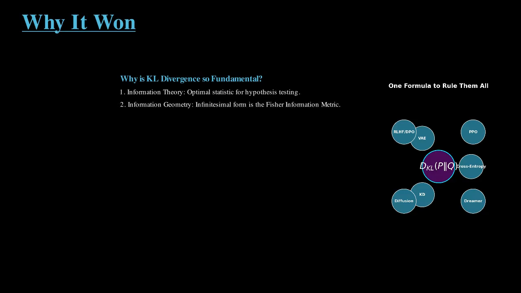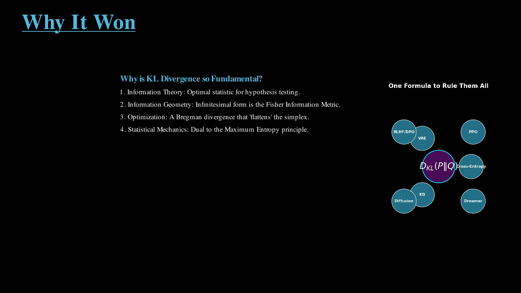So, why does this one mathematical object keep showing up, from statistical testing to world simulation? There are at least 4 deep reasons. First, as motivated by Kullback and Leibler in 1951, it is the expectation of the log likelihood ratio, the canonical and sufficient statistic for hypothesis testing between 2 distributions. Second, in its infinitesimal form, the KL divergence defines the Fisher information metric, which equips the space of probability distributions with a Riemannian geometry.